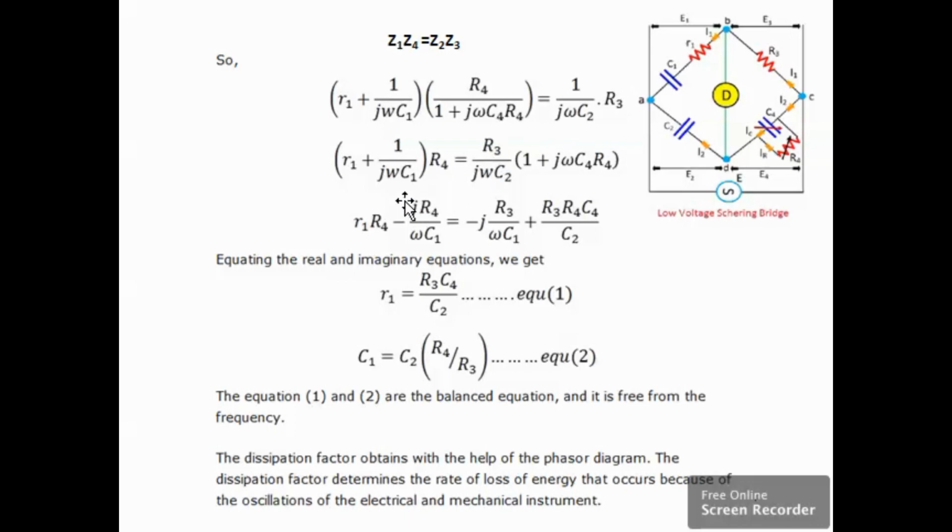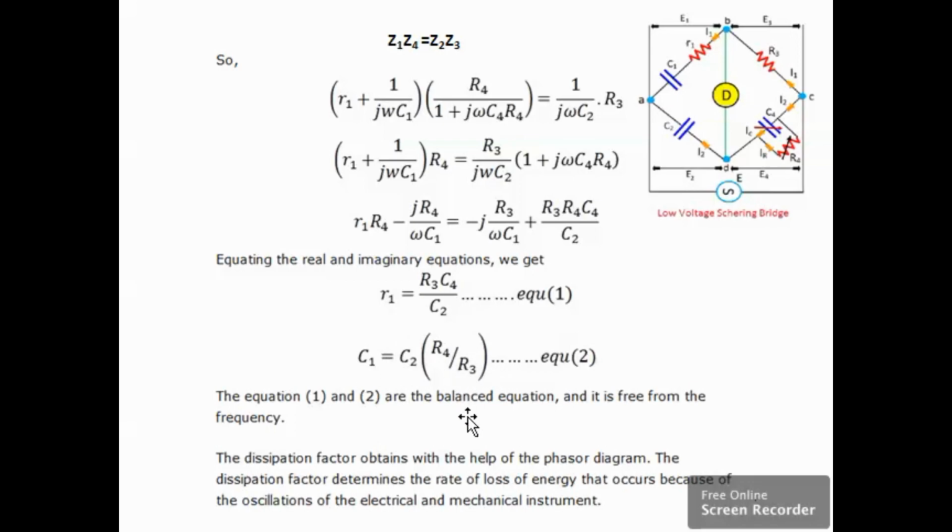On equating real and imaginary parts, we get small r1 is equal to R3 C4 divided by C2, and the capacitance C1, whose value is to be determined, is equal to C2 into R4 divided by R3. So these are the expressions for capacitance and resistance.